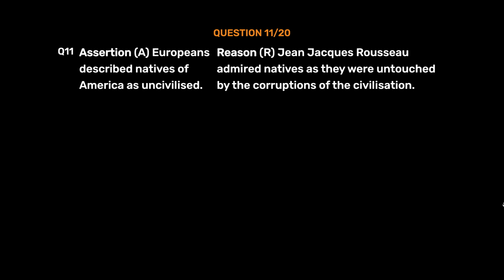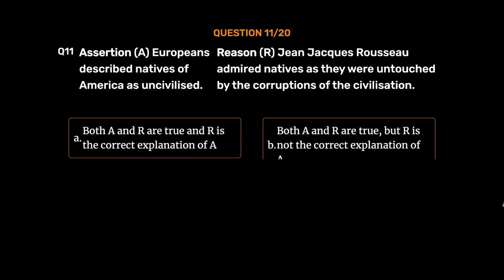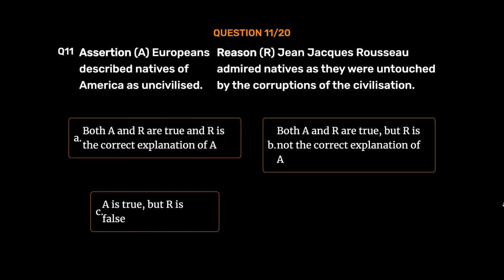Question number 11. Assertion A. Europeans described natives of America as uncivilized. Reason R. Jean-Jacques Rousseau admired natives as they were untouched by the corruptions of civilization. Option A. Both A and R are true and R is the correct explanation of A. Option B. Both A and R are true, but R is not the correct explanation of A. Option C. A is true, but R is false. Option D. A is false, but R is true.